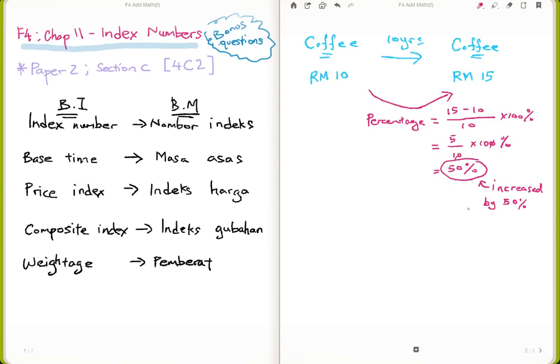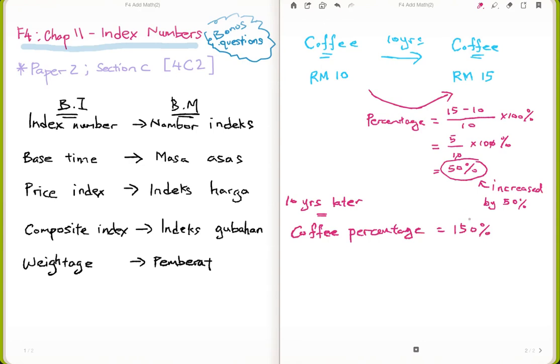10 years later, this coffee has increased the percentage, or the coffee percentage is actually indeed 150%, isn't it?